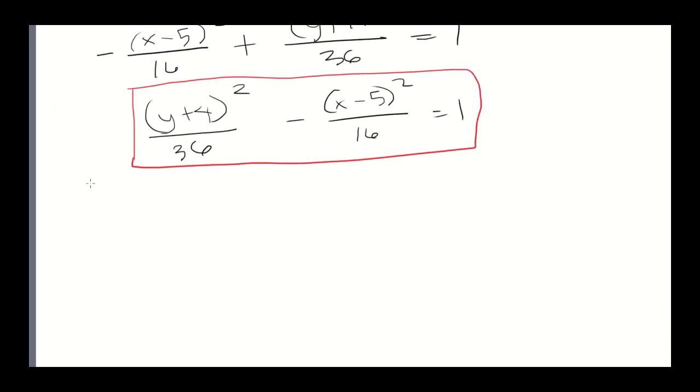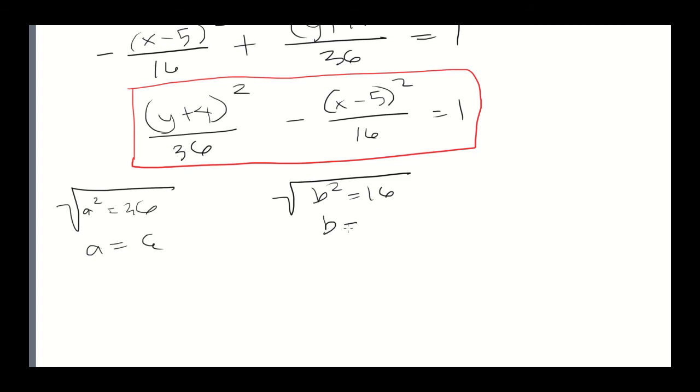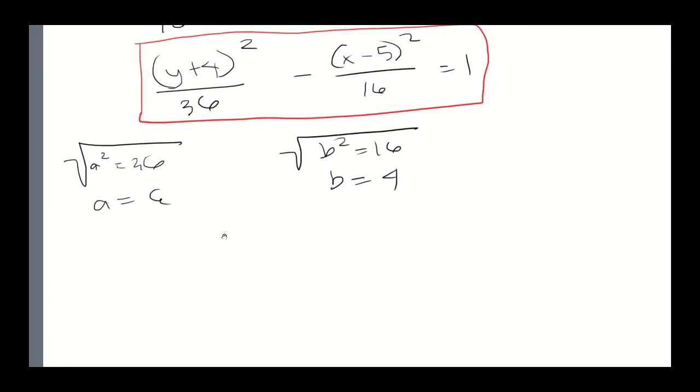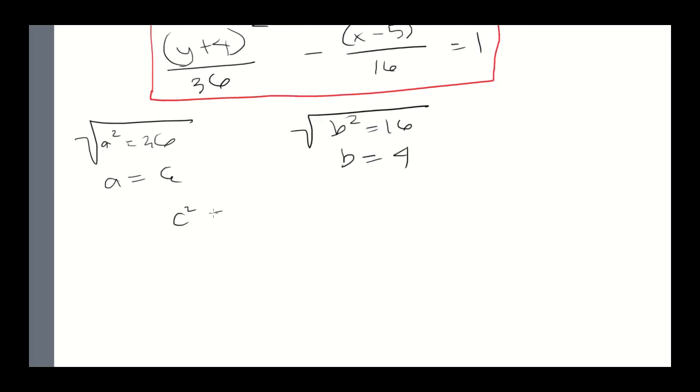Now we have the standard equation, we can get a square. So a square is equal to 36, square root of that, then b square is equal to 16. If we square root that, a is equal to 6, then b is equal to 4. Then we will have c square equals a square plus b square.